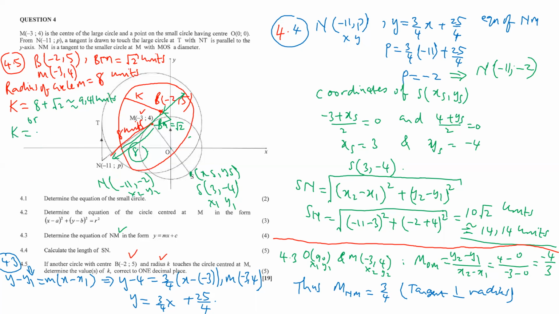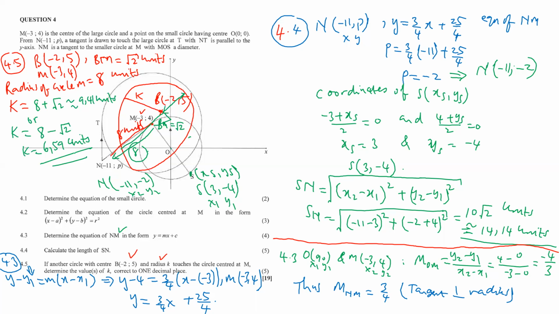So you can therefore say it is 8 minus the square root of 2, which is exactly the same as 6.59 units, which means K is 6.59 units, approximately.